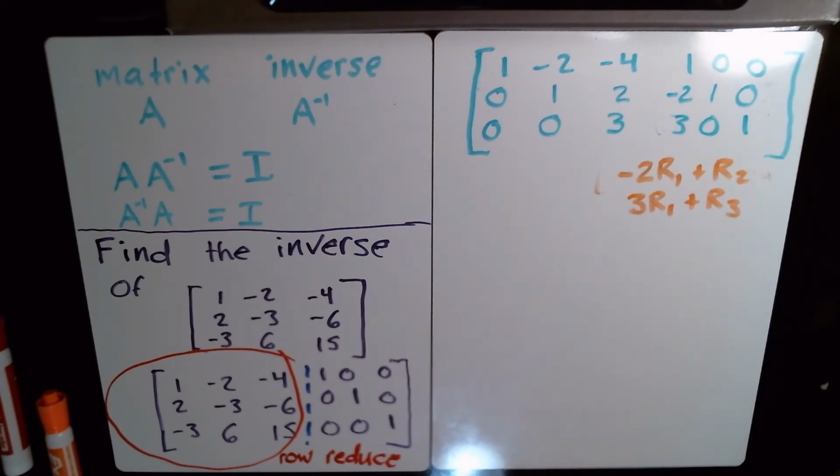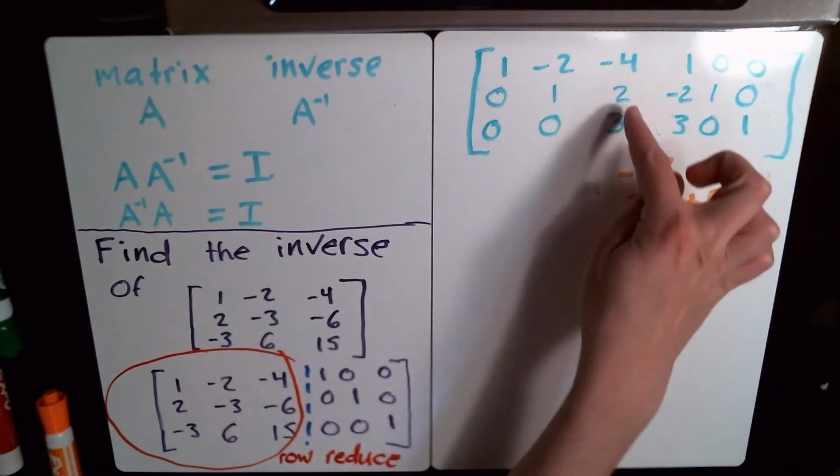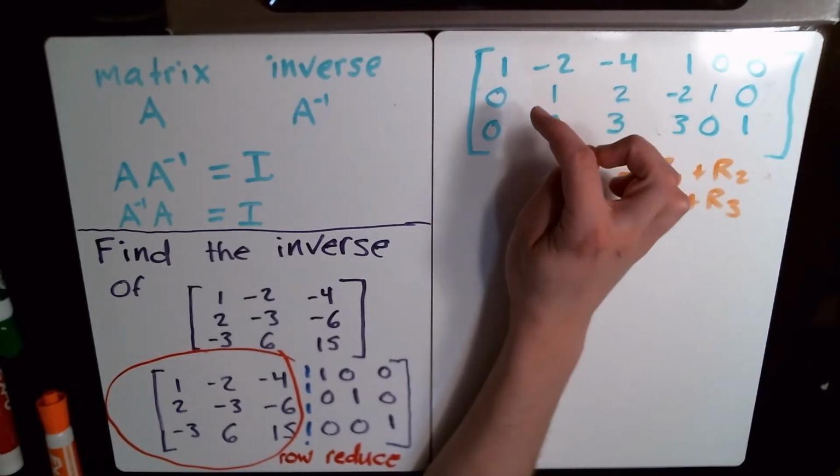So this is actually quite a nice one to do, because we're already pretty close to the identity matrix. But we do have a little bit that we still have to do. So let's go ahead and look at what we've got here. Well, we're trying to get an identity matrix, right? So we want 1s on the main diagonal.